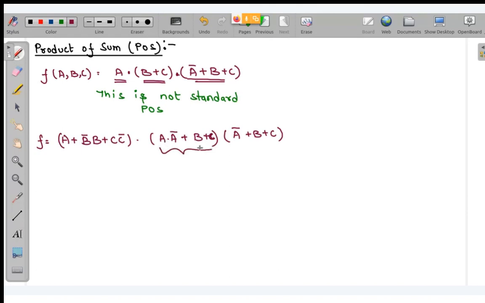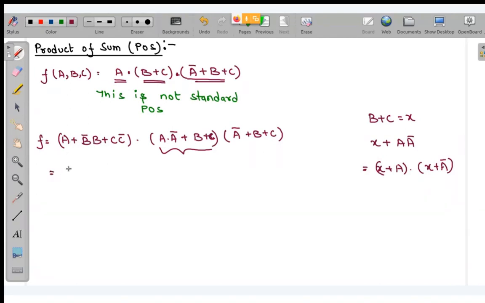I can write B plus C as X. So this is X plus A complement, and I can write it as X plus A times X plus A bar. Over here also I can write it like this. So first see very carefully how I am writing this.